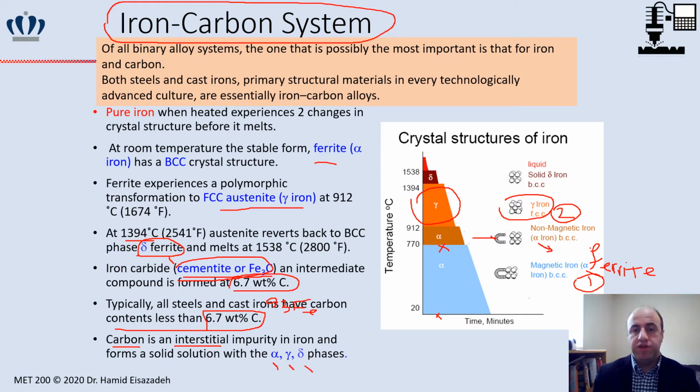But it's important that the solubility of carbon in these phases is different. In gamma, the solubility limit of carbon is high. In alpha ferrite, it is low.